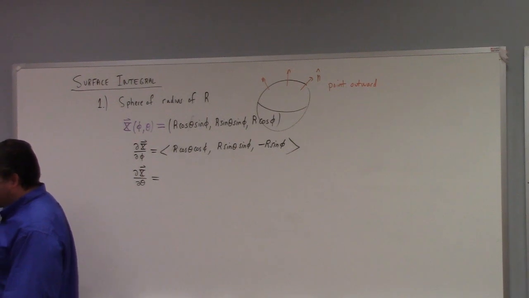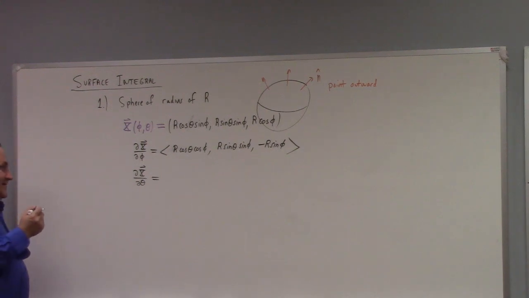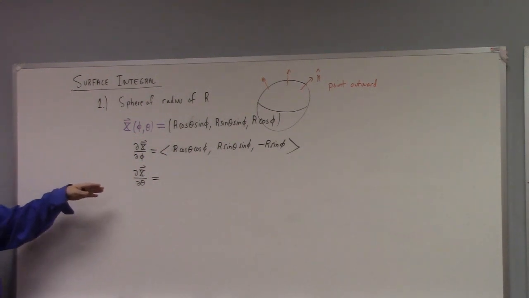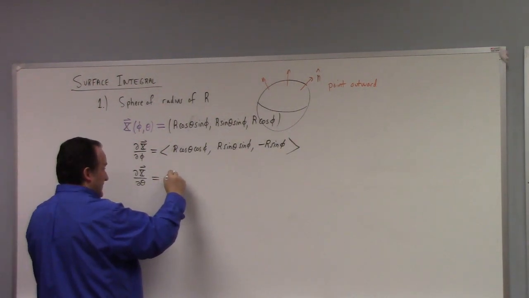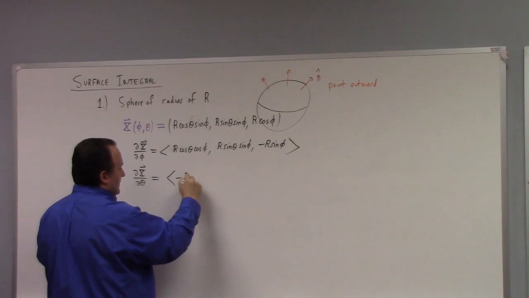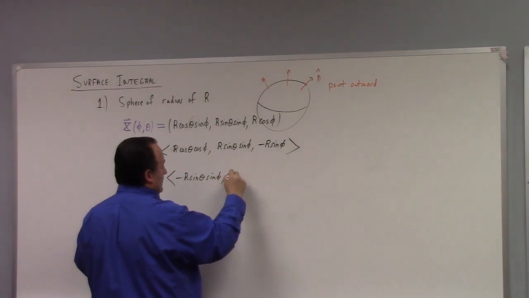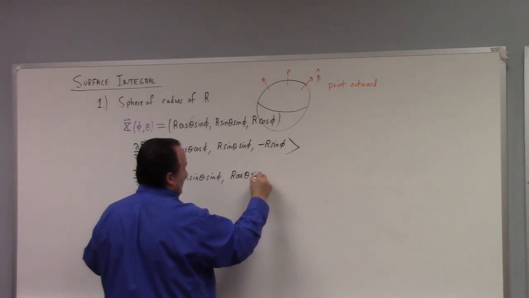So that's the tangent vector in the direction of phi. The tangent vector in the direction of theta, increasing while holding phi fixed, is this. We have minus r sine theta sine phi, r cosine theta sine phi.